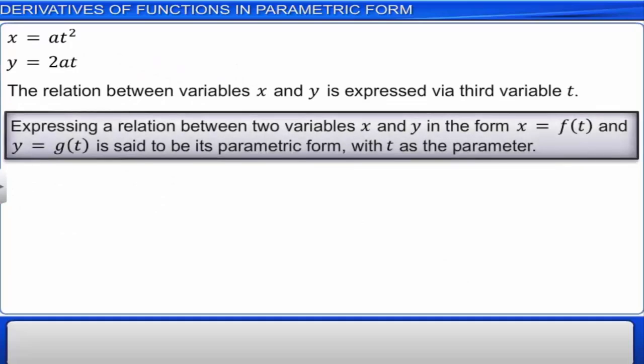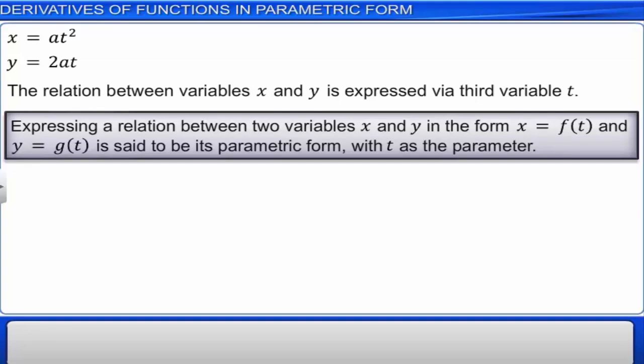Expressing a relation between two variables, x and y, in the form of x is equal to f of t and y is equal to g of t is said to be its parametric form, with t as the parameter. If we have to find the derivative of y with respect to x, then we use the chain rule.